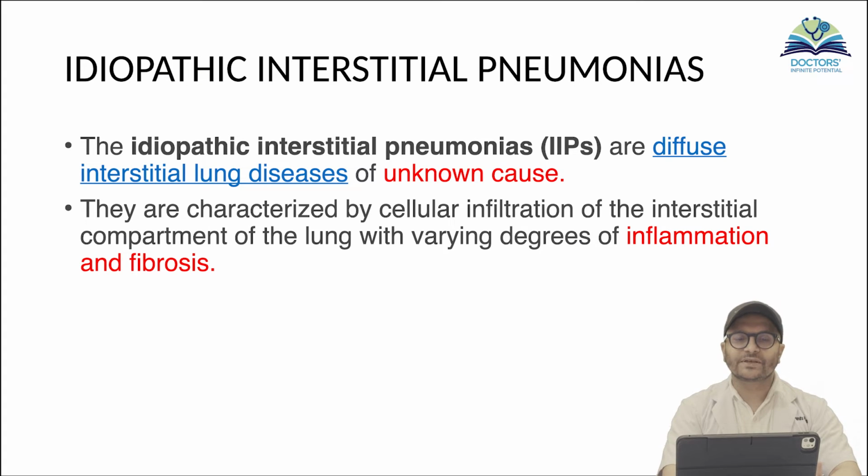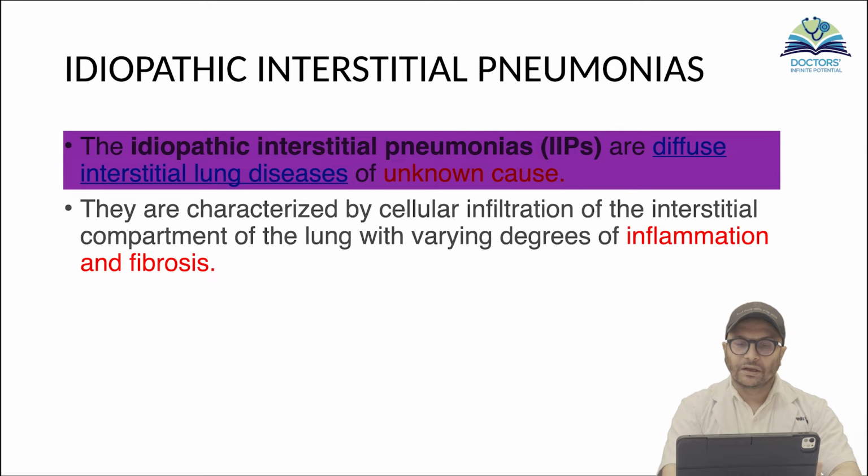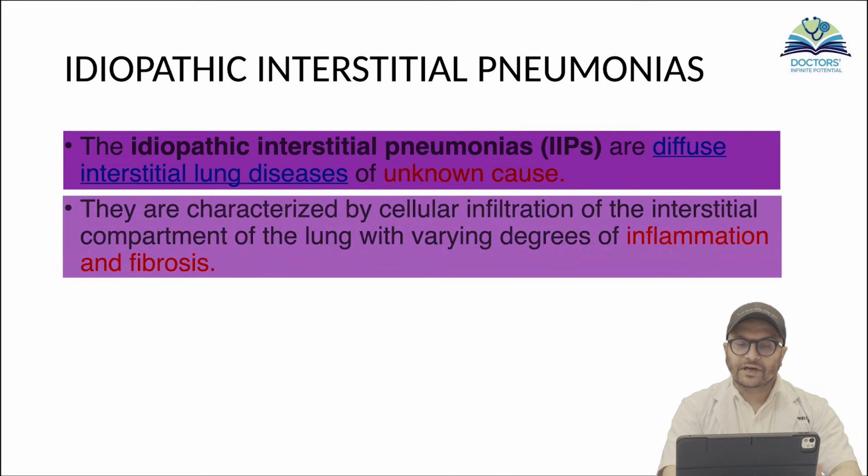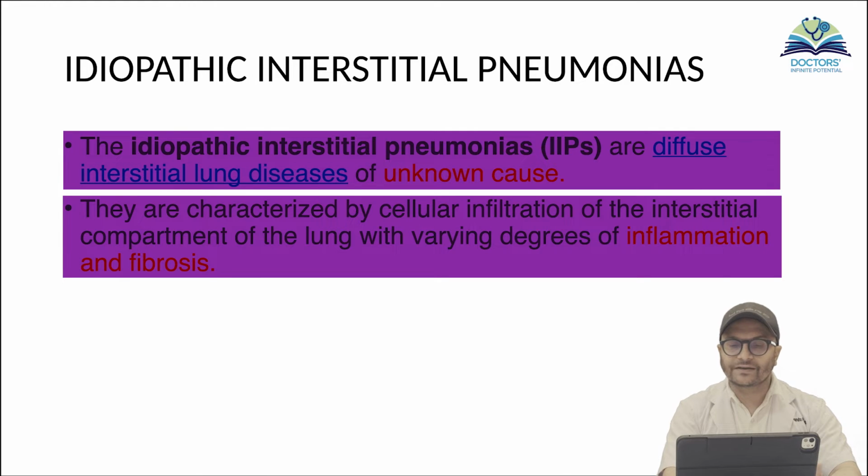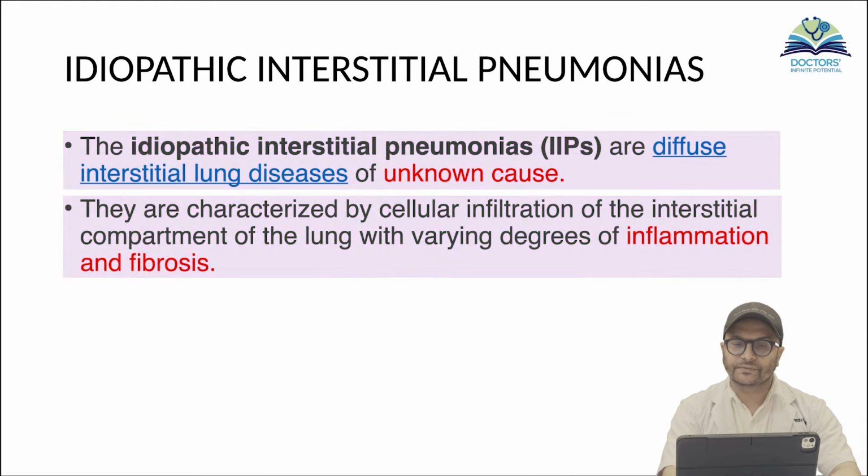But today we will be discussing idiopathic interstitial pneumonia, which is diffuse interstitial lung disease of unknown cause, which is characterized by cellular infiltration of the interstitial compartment of the lung with varying degrees of inflammation and fibrosis.